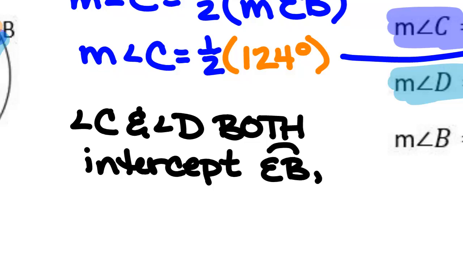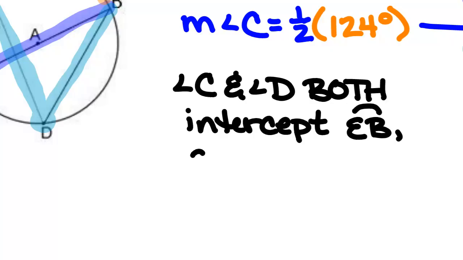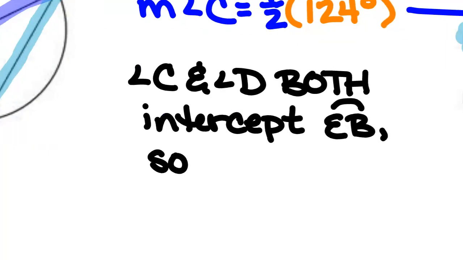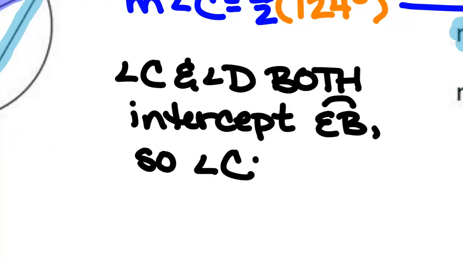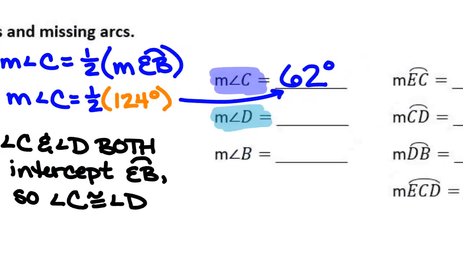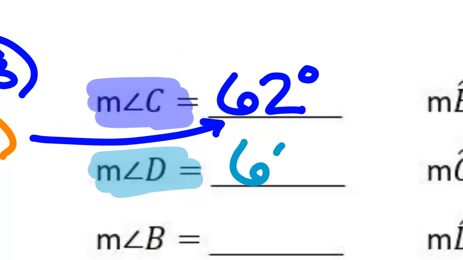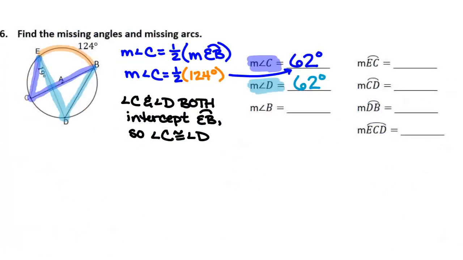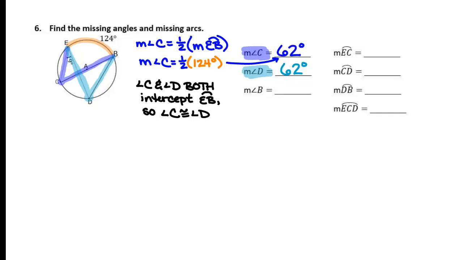Because they intercept the same arc, what's true about those two angles? They are congruent. Angle C is congruent to angle D. So how big is angle D then? 62 degrees, half of 124 degrees. Beautiful, beautiful.